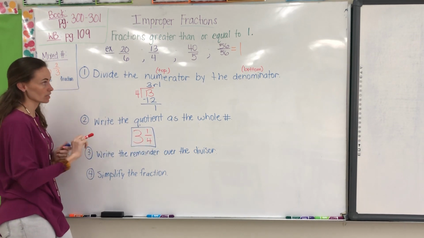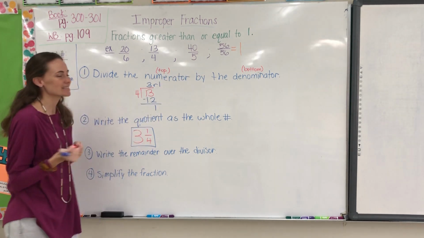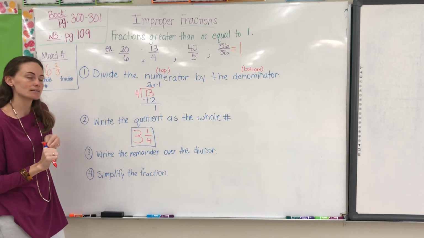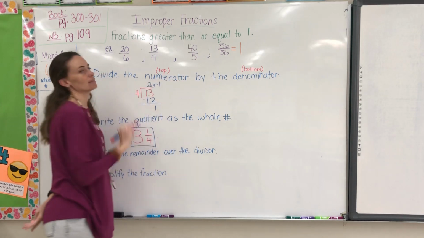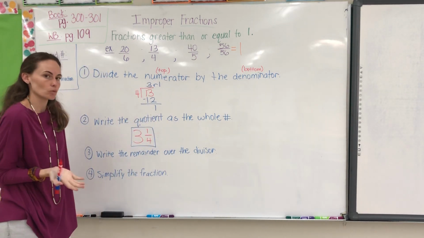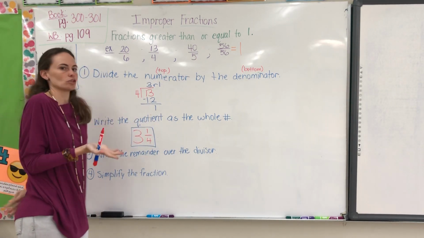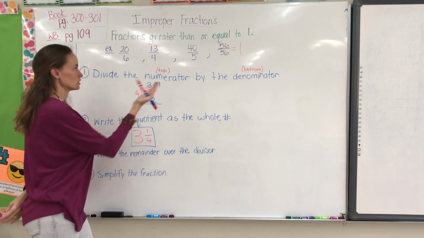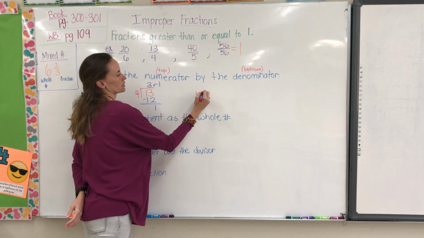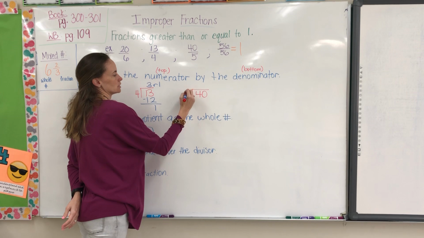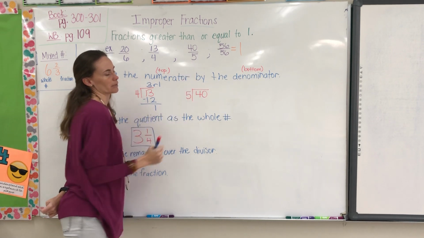Okay? Let's do this one. That one's going to be a little bit different because it's not going to give us a mixed number. Sometimes when we divide, we get just the whole number because it goes in equally. So for example, our numerator 40 divided by our denominator 5.